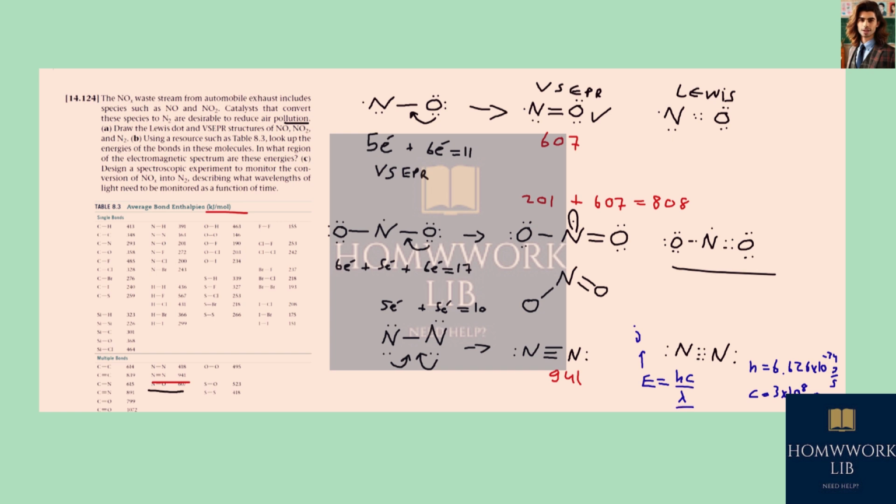Now, we use the energies: 607 for NO and solve for lambda using 607, and for NO2 you use 808, and for N2 you use 941. Now these are kilojoules, so you want to multiply by 1,000 to make it joules.